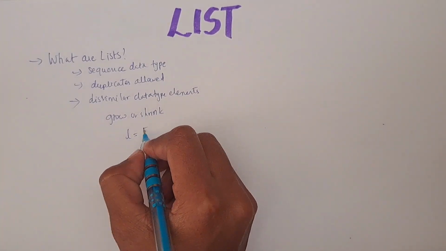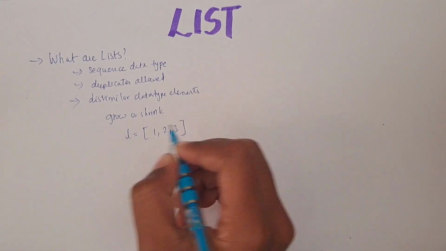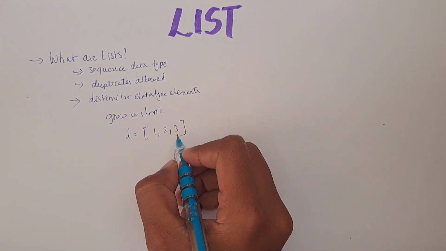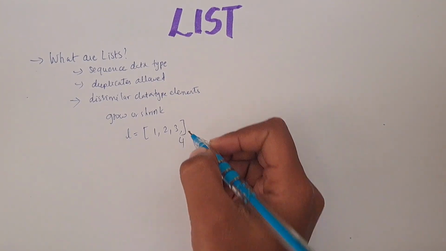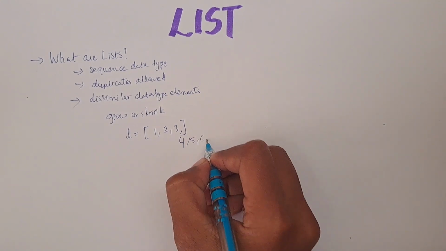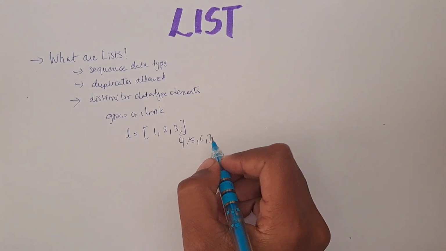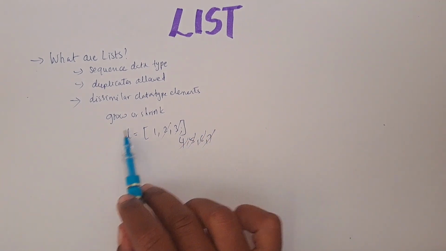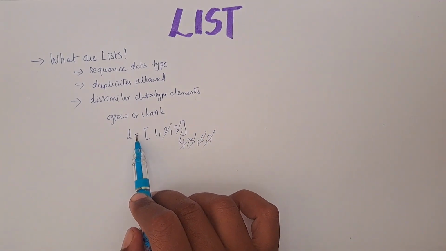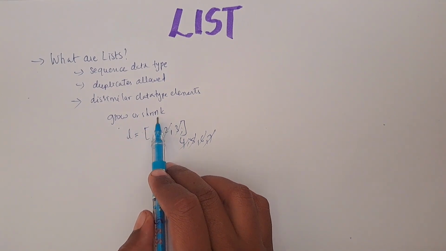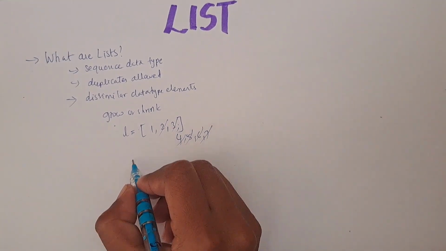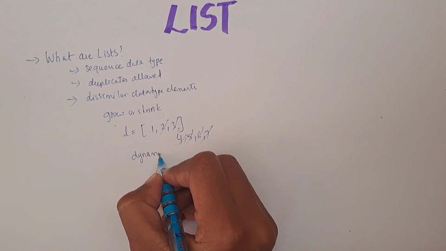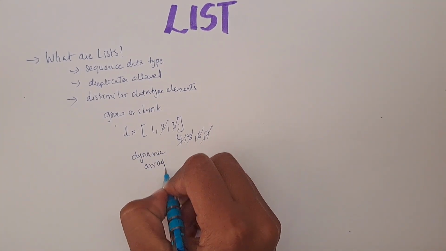For example, if you consider any list like 1, 2, 3, you can add one element to it during the execution, or you can add any number of elements to this list, and you can also delete all these elements. That is the advantage of the list, which means a list can grow or shrink during the execution of a program.